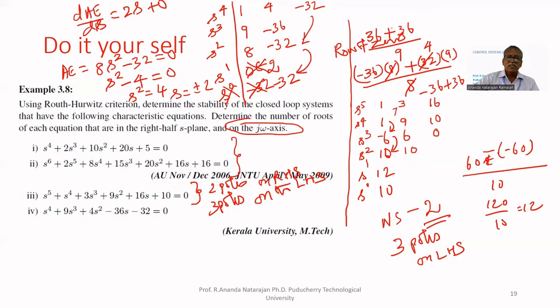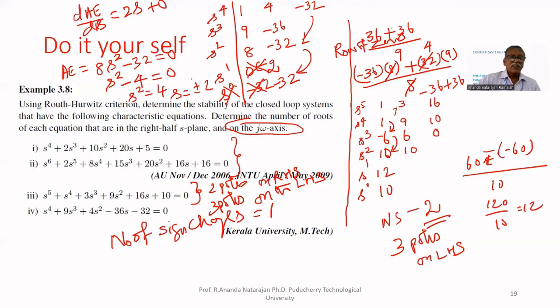So how many sign changes? Number of sign changes equal to 1, because the last element is minus, otherwise all plus.